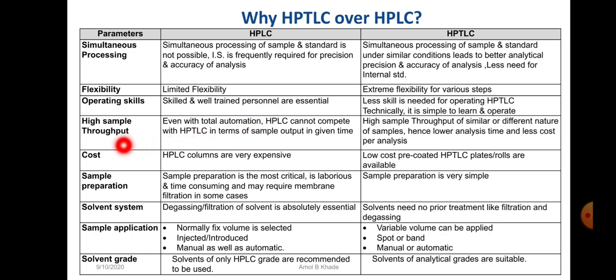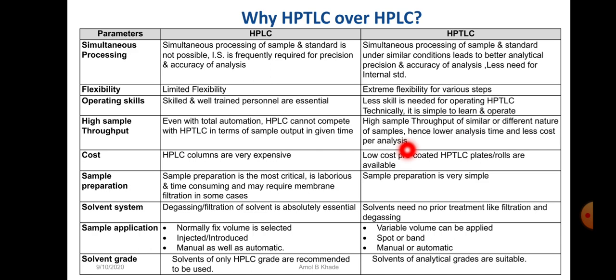Now when we talk about high sample throughput, obviously in case of HPLC, even with total automation, it cannot compete with HPTLC in terms of sample output in a given time. HPTLC has very high sample throughput for samples of similar or different nature, hence lower analysis time and less cost per analysis make HPTLC superior over HPLC.